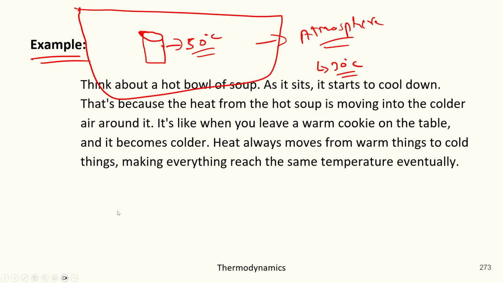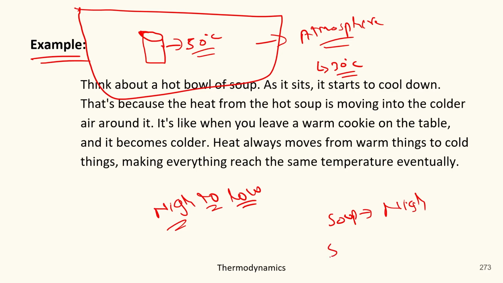So in this scenario, there will be a flow from high to low as per the law. Okay. And here the soup bowl is at high temperature. The atmosphere is at low temperature.